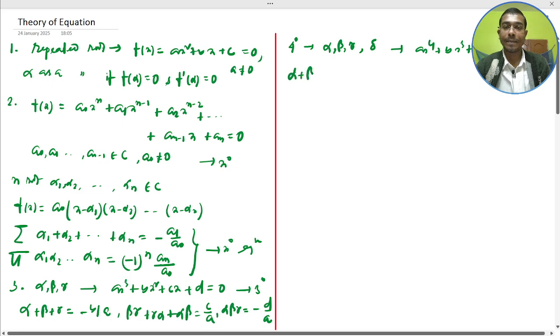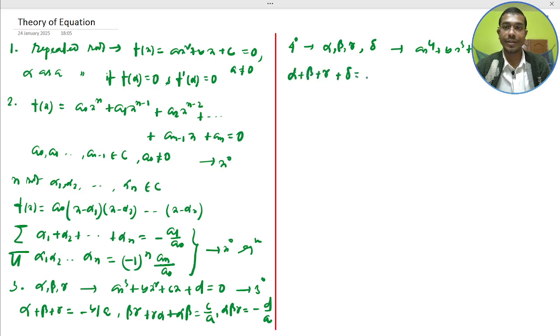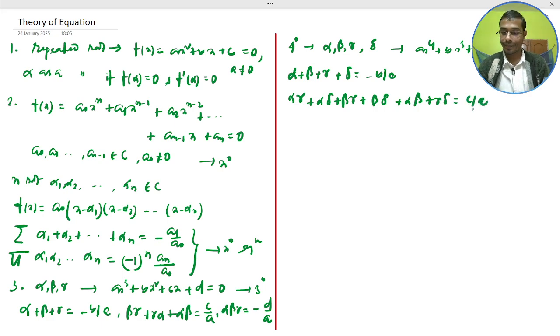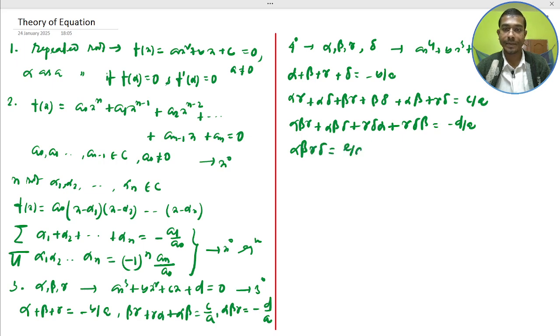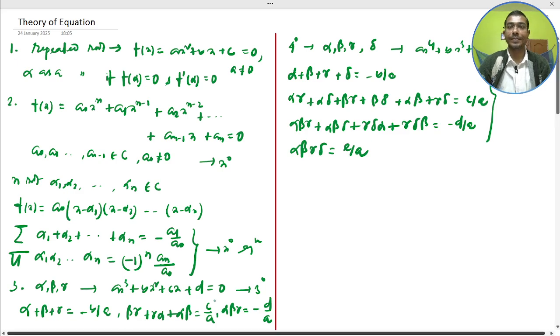Then alpha plus beta plus gamma plus delta is equal to minus b by a, and alpha beta, alpha gamma, alpha delta, beta gamma, beta delta, gamma delta, the combinations two at a time, equal c by a, and the combinations of 3, alpha beta gamma, alpha beta delta, alpha gamma delta, beta gamma delta, give minus d by a, and the combination of 4, alpha beta gamma delta, would be e by a. This one and these 3.